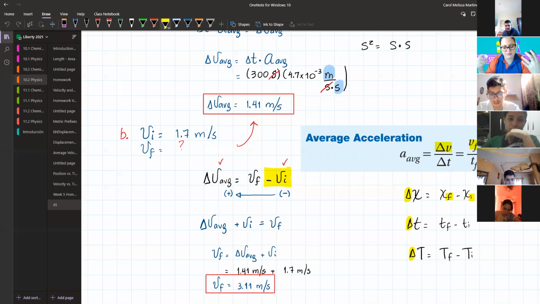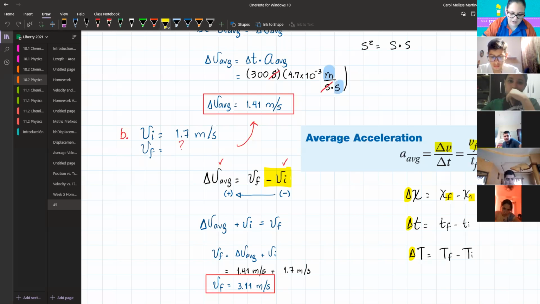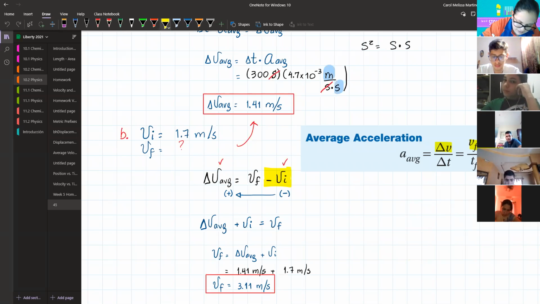But in the case that you need to isolate, I can give it to you, the isolations. I'm gonna erase this. In the case that a problem asks you about the initial velocity, for example, you can take the same equation.